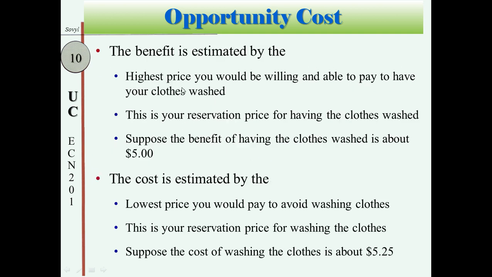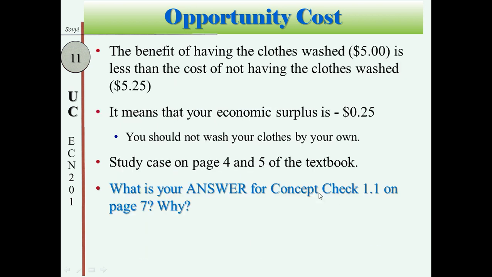So you can see this is the benefit from washing the clothes. Okay, it's $5. The cost of washing the clothes is $5.25. So the benefit from washing the clothes is $5, and the cost of not washing the clothes is $5.25.